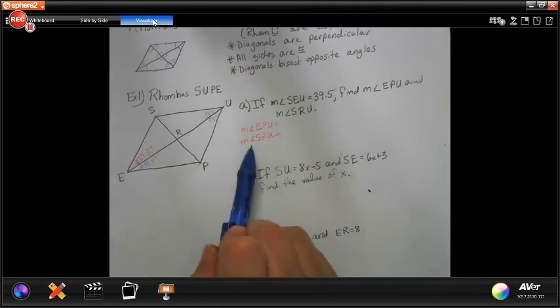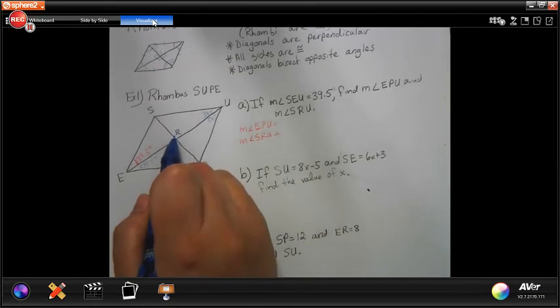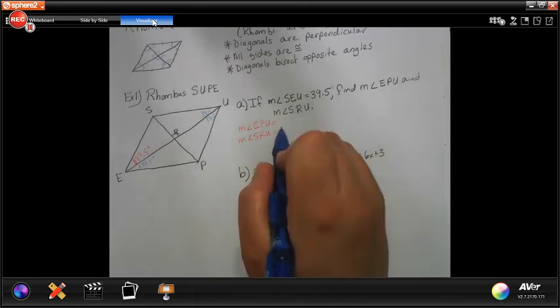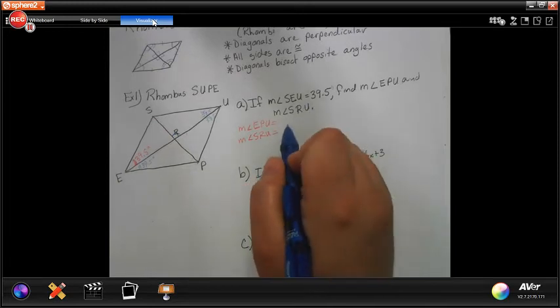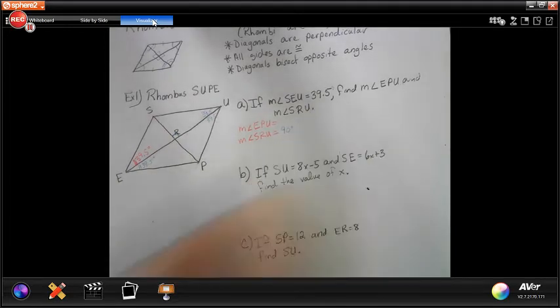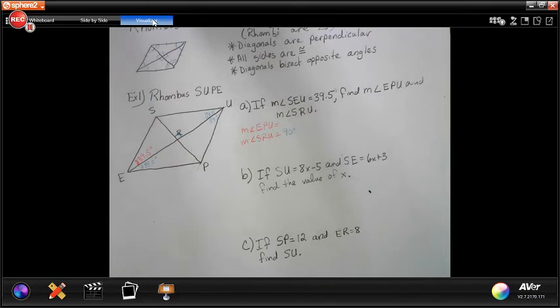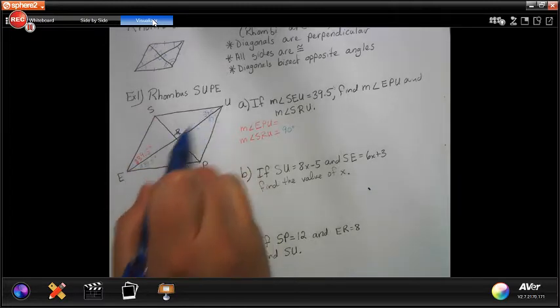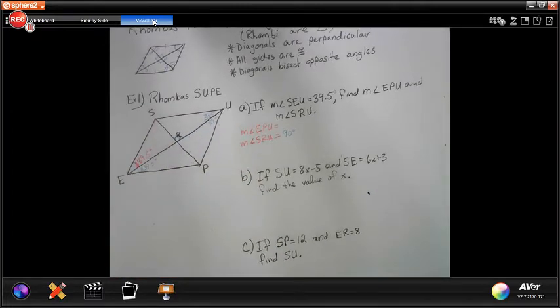So angle SRU is this angle right here. So that is a right angle. Alright, so angle SRU is a right angle, and a right angle is 90 degrees. So that one is easy. We can answer that right off the bat.